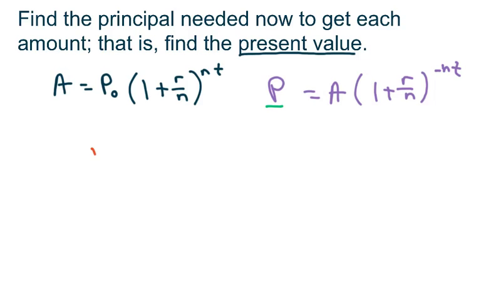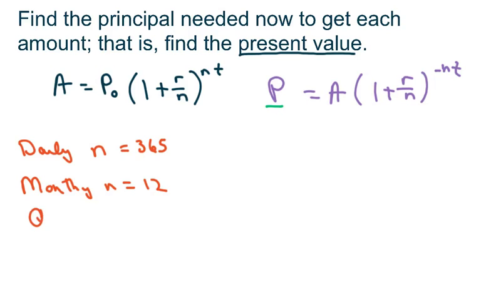N is equal to 365 if we're doing the interest rate daily. Monthly, N would be 12 because there's 12 months in a year.